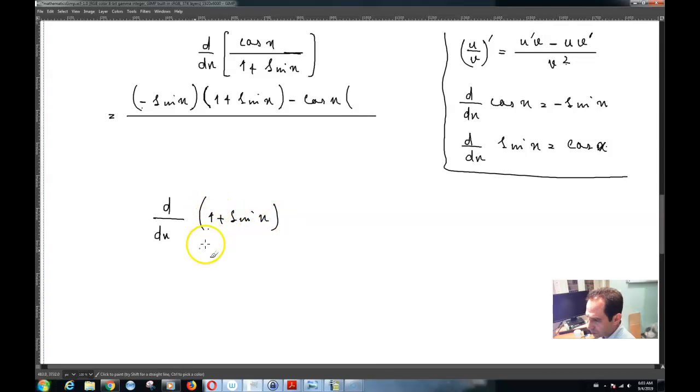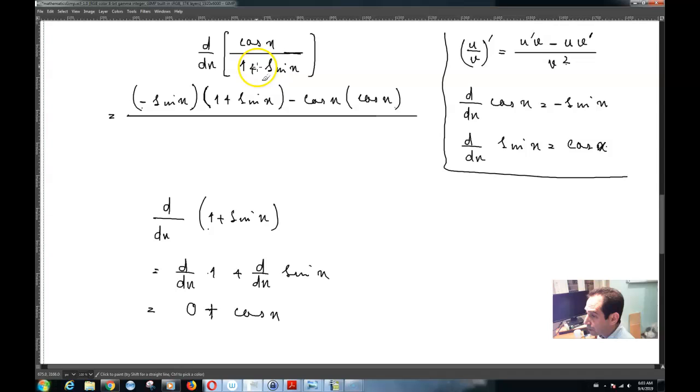Now, of course, you know that this is equal to d by dx of 1 plus d by dx of sine x. Now, this is equal to 0, and this is equal to cos x. So 0 plus cos x, which is just simply cos x. And you want to divide that by 1 plus sine x whole squared.